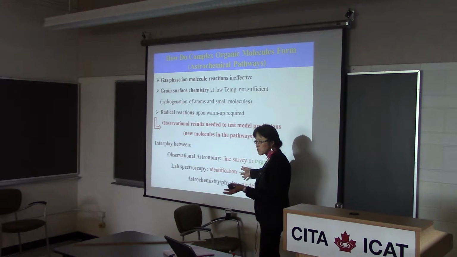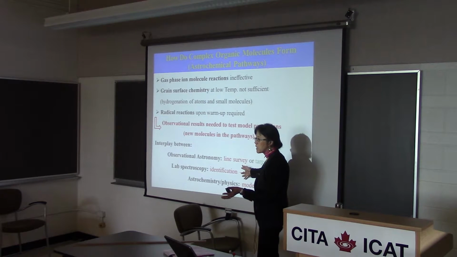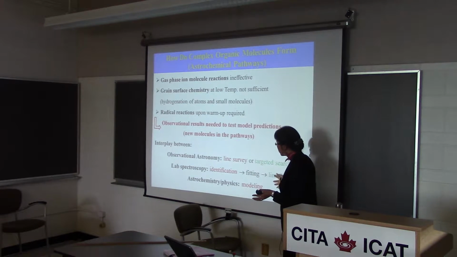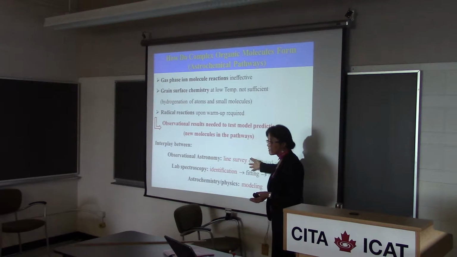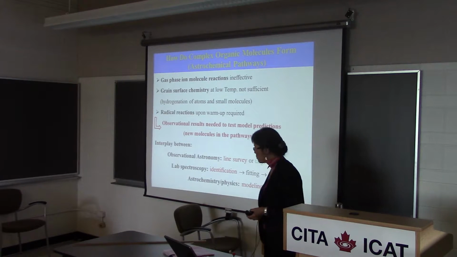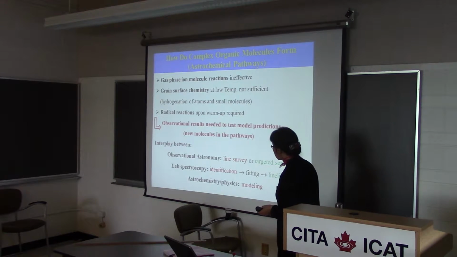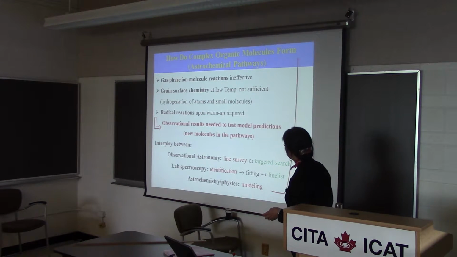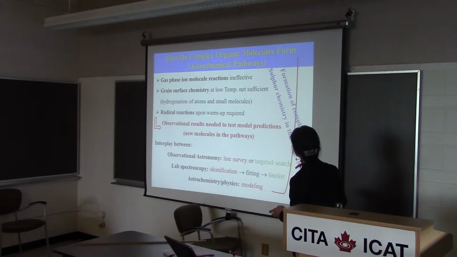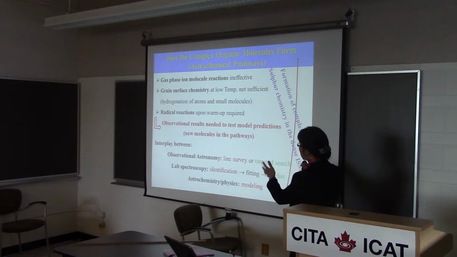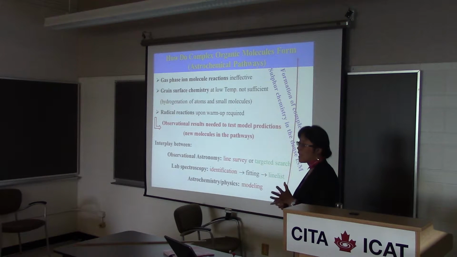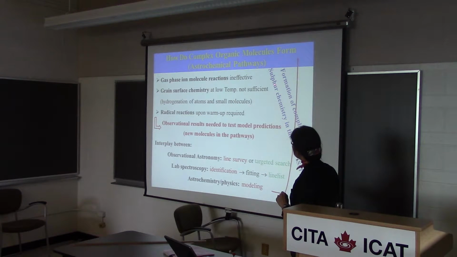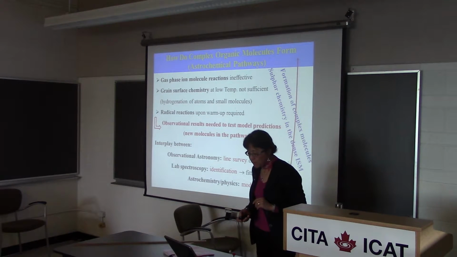I will do the laboratory spectroscopy, identify the molecules, fit to the model, and generate a line list so that the survey spectrum can be interpreted or fed into the database. From that, we try to understand the formation of complex molecules. This particular work, which just appeared online and hasn't appeared in hard copy yet, focuses on understanding the sulfur chemistry in the dense interstellar medium environment.